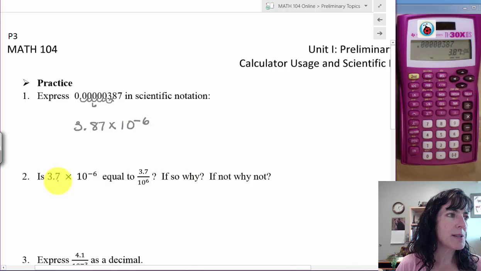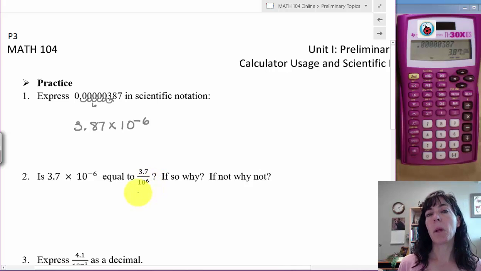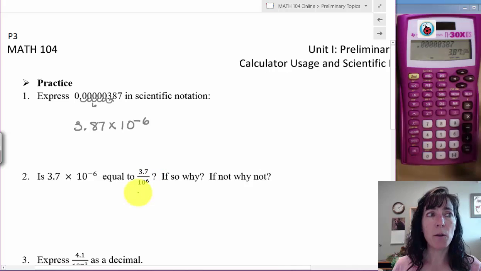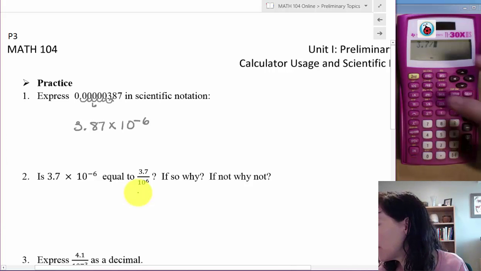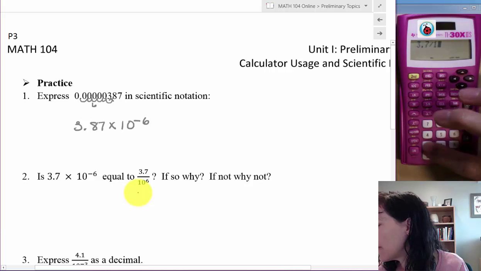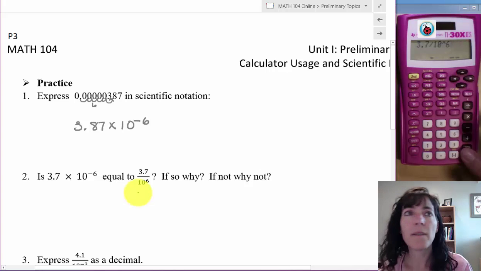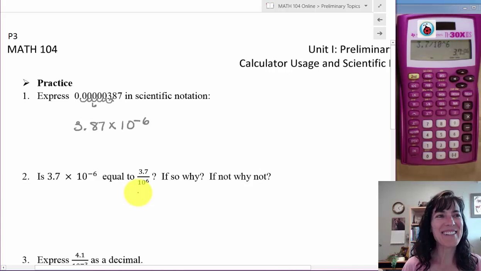Is 3.7 times 10 to the negative 6 equal to 3.7 divided by 10 to the 6th? Well, I don't know. Let's try it and see. It is.